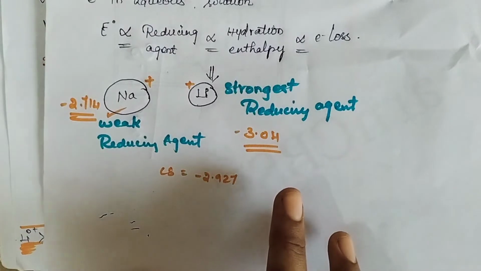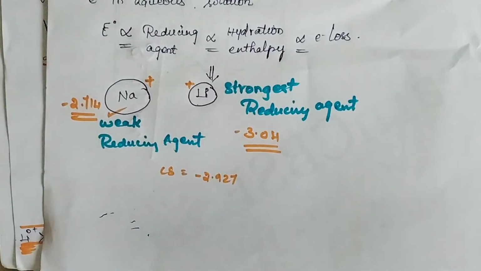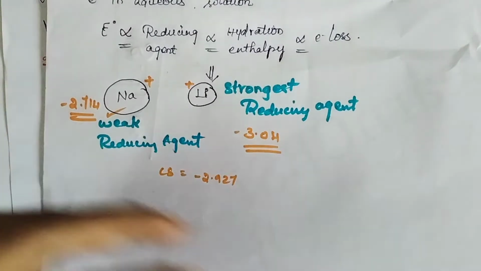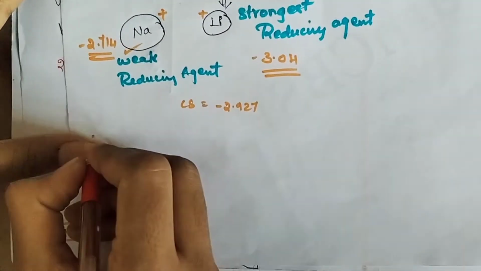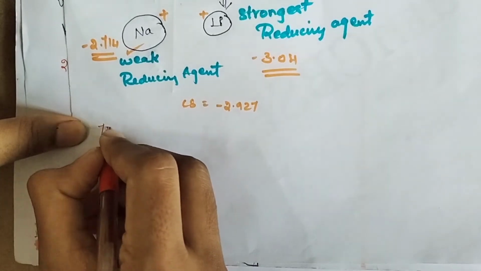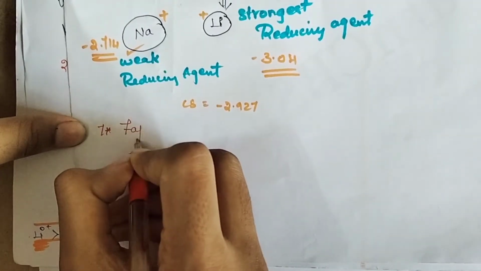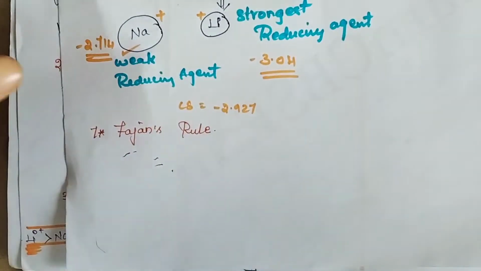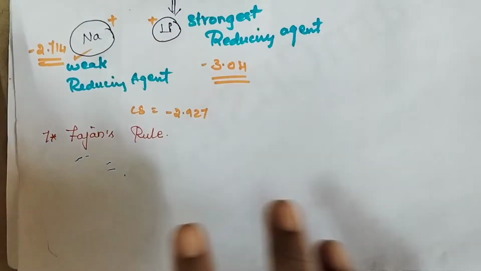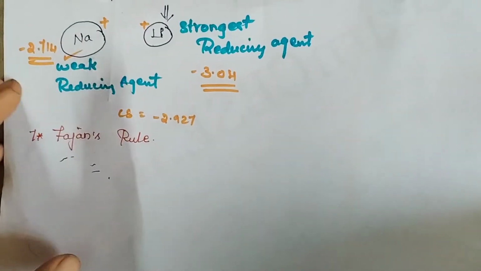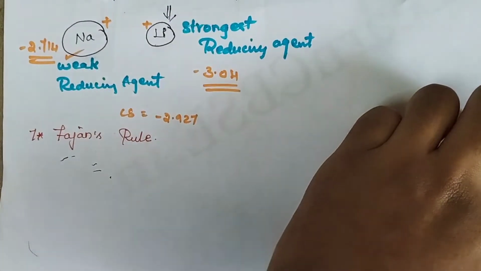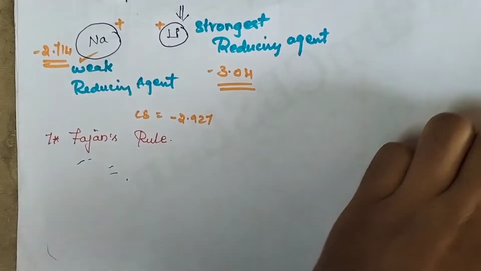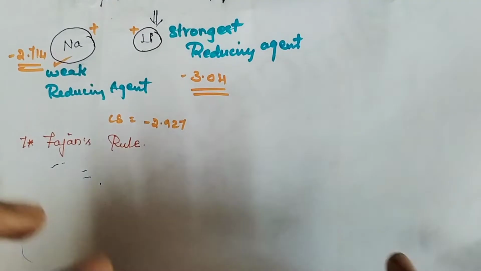The next point is the seventh point, Fajan's rule. What is Fajan's rule, children? You read it in chemical bonding, no? Do you remember that? Fajan's rule told how a covalent bond is formed between a cation and an anion.